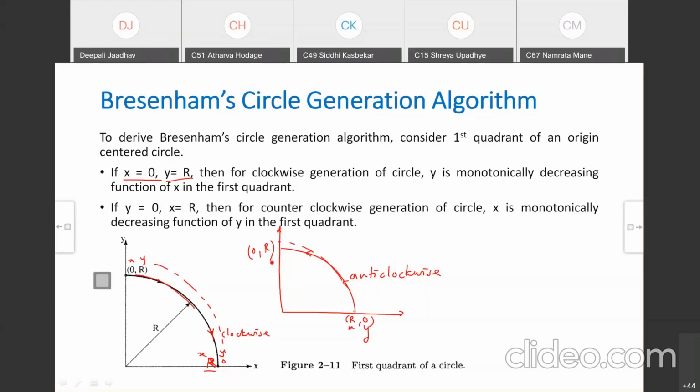In this Bresenham's circle generation algorithm, we are going to consider the clockwise generation of the points, the clockwise generation of the circle.